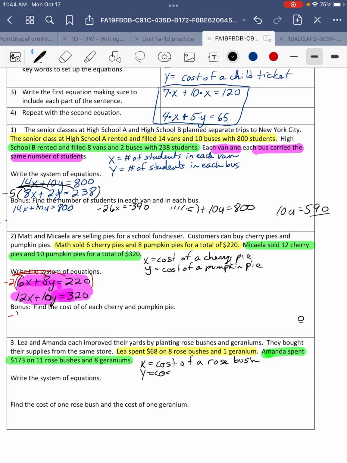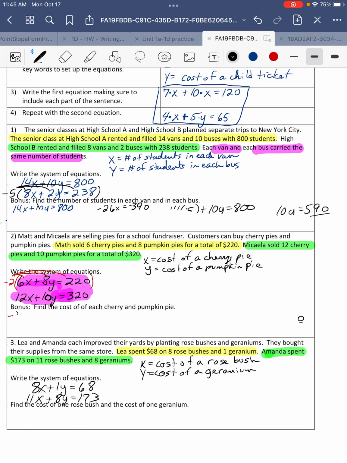Y is the cost of a geranium. System of equations: for Leah, we have 8x plus 1y equals $68. Cost for Amanda was 11x plus 8y equals 173.